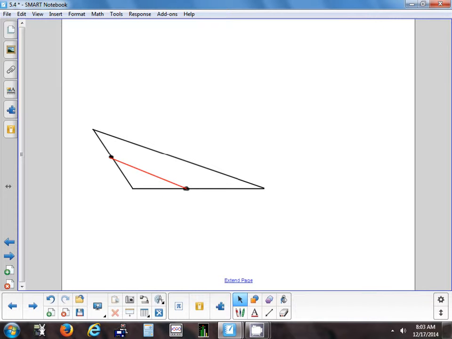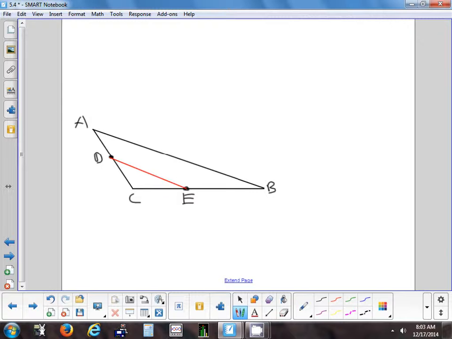Anybody think they can tell anything about that segment? Let's label some of these points. There's actually two special things about segment DE. Yeah? It's scaled down from ACB.